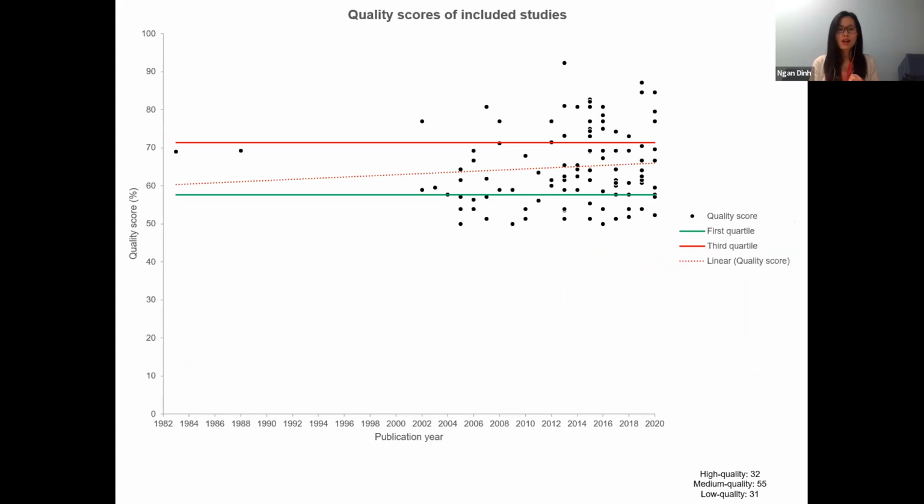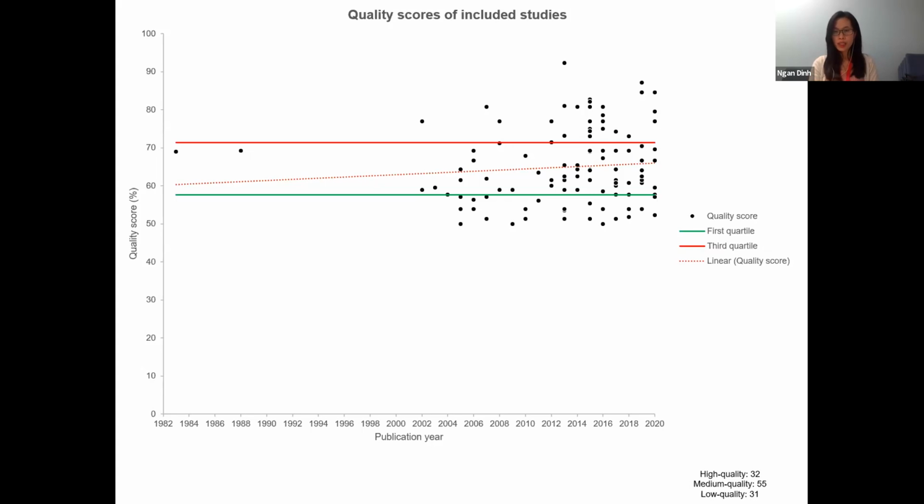And the quality scores of included studies can be seen in the chart. Studies having scores lower than the lower quartile were categorized as low quality. From the lower quartile to the upper quartile, we have medium quality studies, and over the upper quartile, we have high quality studies.